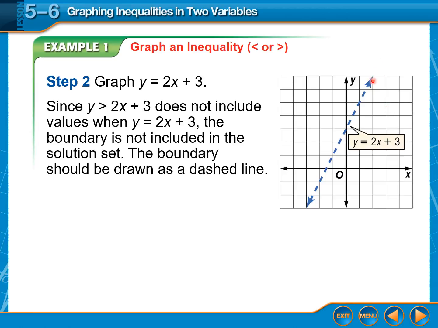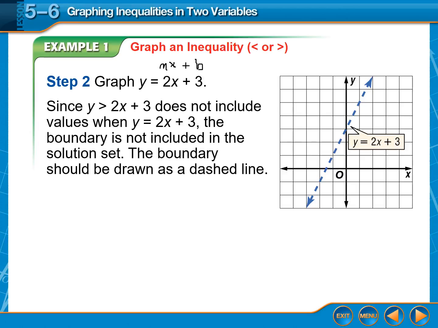And so what we've got here is the line for y equals 2x plus 3. So notice, m is 2 because it's mx plus b, and b is 3.